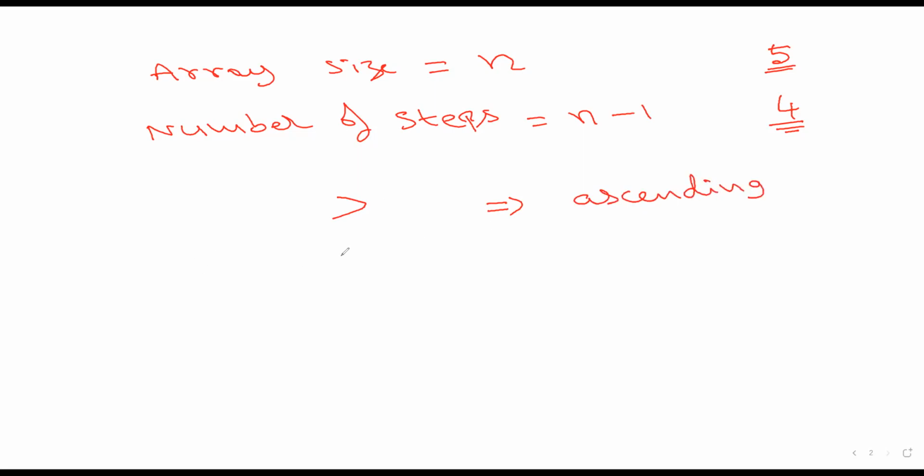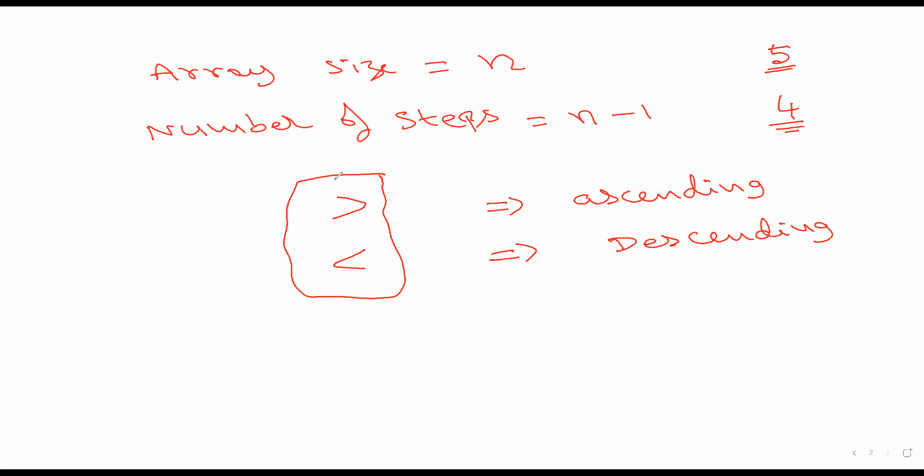If you take the other condition, less than, and swap on that, then you will get the elements in descending order. So depending on which comparison we consider, we can get either ascending order or descending order.